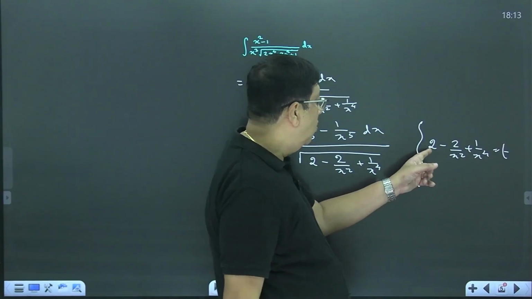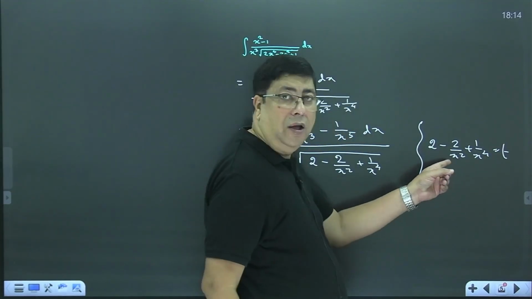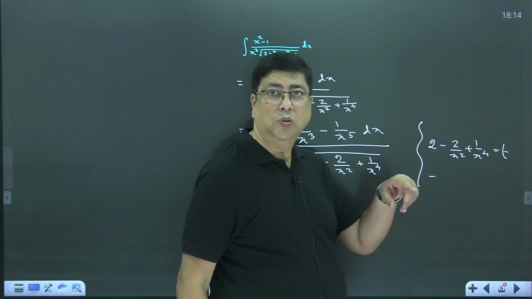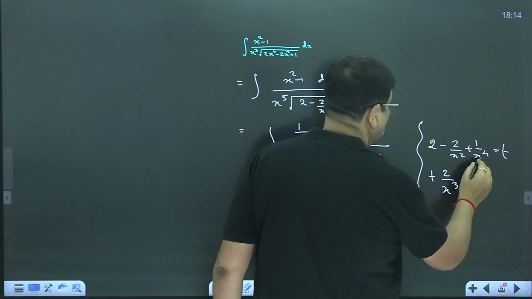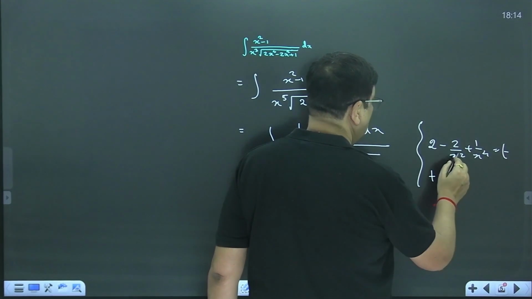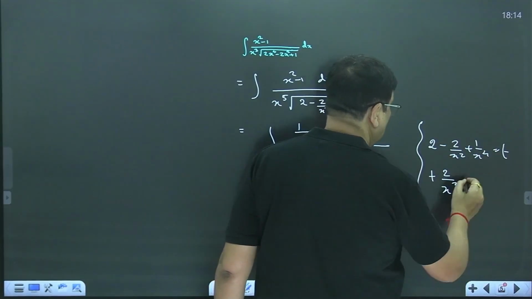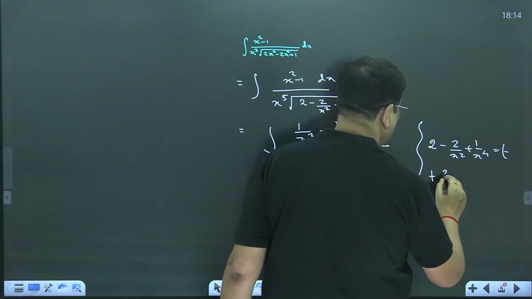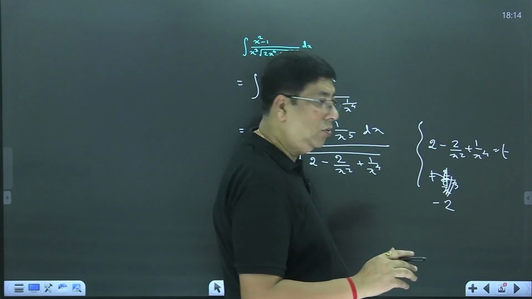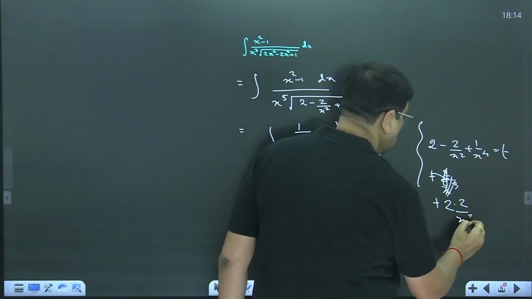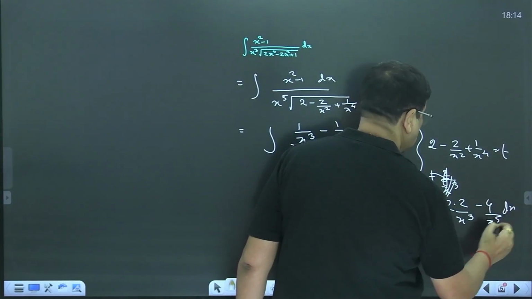So what will be its differential? The differential of 2 is 0. For x to the power minus 2, using the formula x to the power n, the derivative is n times x to the power n minus 1, so minus 2 x to the power minus 3, which gives plus 2 by x cube. And for x to the power minus 4, this gives minus 4 by x to the power 5. So 4 outside, 1 by x cube minus 1 by x to the power 5 dx equal to dt.